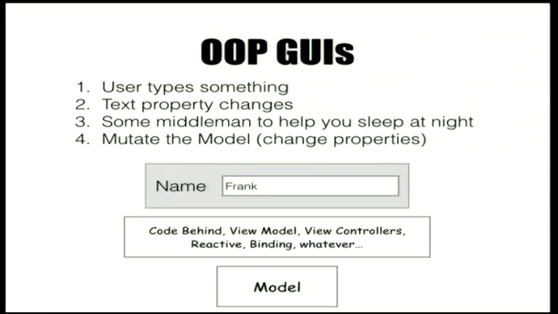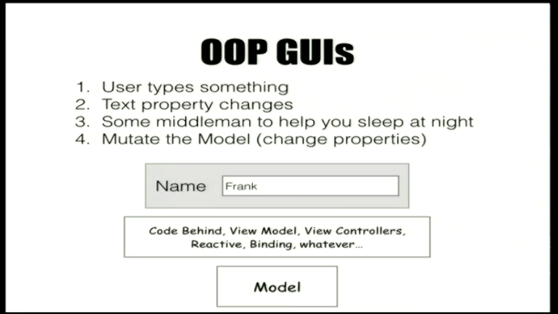So let me tell you specifically, this is how I view object-oriented programming GUIs. And I am taking a devil's advocate approach here. I write all my code like this. I'm just starting out in F#, but it really does make you notice the flaws. So let's see. We're writing an object-oriented GUI. We have a little text box. The user types something in. The text property on that text box object changes. And then you have some middleman.